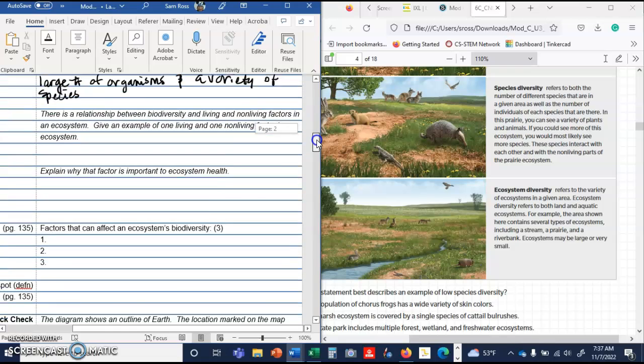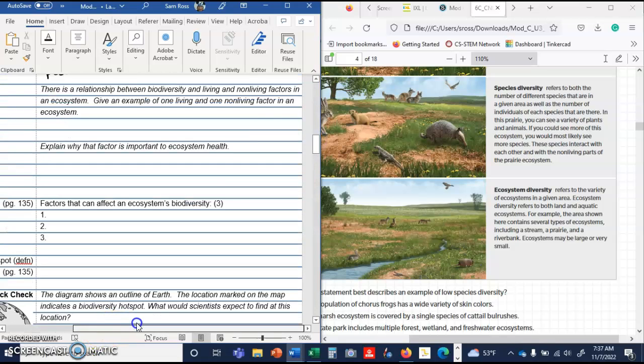So, the next quick check question we have here says, there is a relationship between biodiversity and living and non-living factors in an ecosystem. Give an example of one living and one non-living thing in an ecosystem. So this is actually one question with two parts.